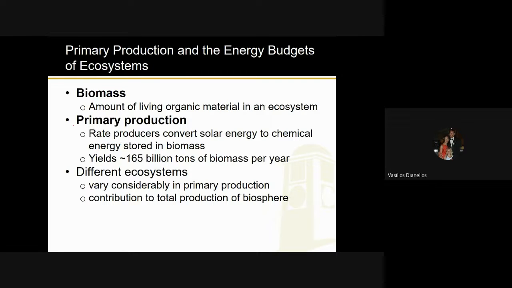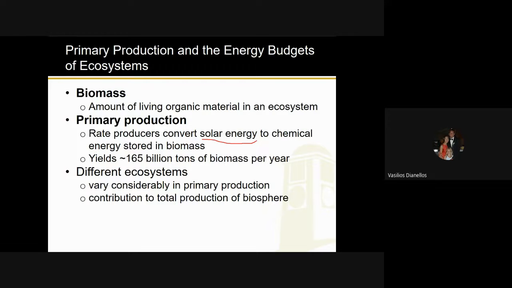Another word you would need to know is primary production. And that is the rate that producers convert solar energy to chemical energy that is stored in biomass. So again, using the same example, if you were to picture a desert versus a rainforest, you can imagine that there's a lot more solar energy being converted in the rainforest because there are so many more plants doing that than in the desert, right?